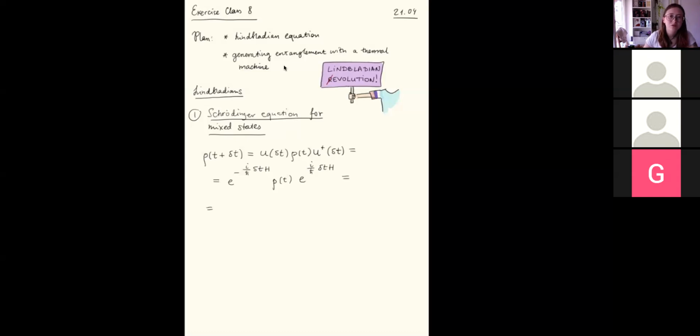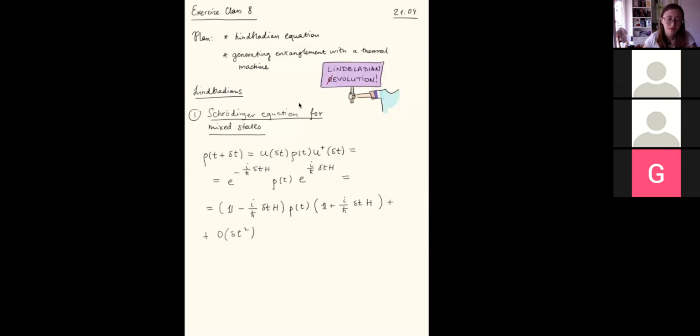Now let us use the Taylor series expansion for the exponential. And so what we get here is the identity minus i over h bar delta t H, rho of t, times 1 plus i over h bar delta t H, plus some terms of the order delta t squared that we leave out.